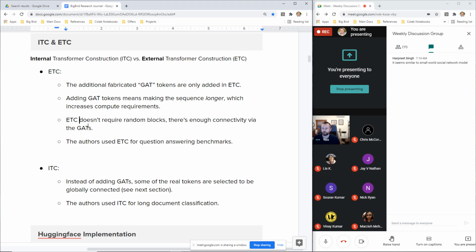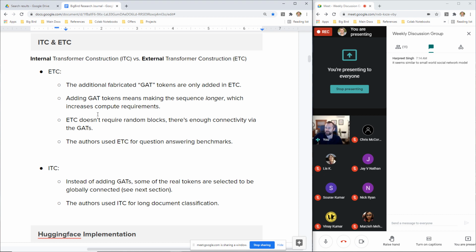But it doesn't require any random blocks necessarily. You could do random blocks, but when the authors used the ETC version of their BigBird model, they applied it to question answering benchmarks. They did not use any random connections.